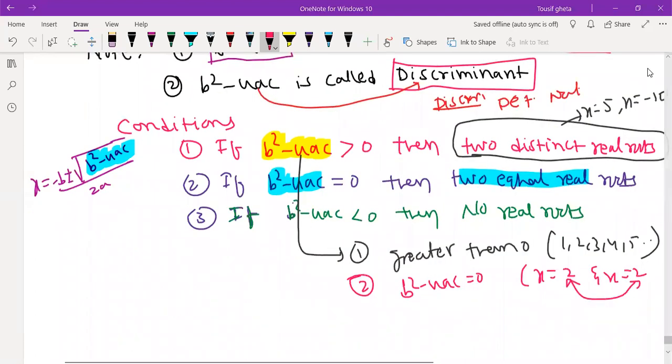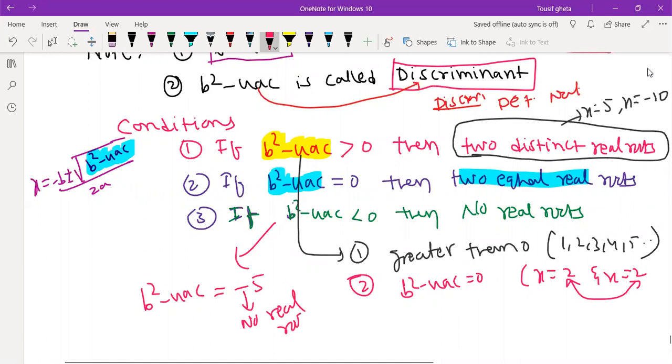Third one, if b square minus 4ac is a negative value, lesser than 0, like you got minus 5, then it is called no real roots. When inside the root you get minus, we call it no real roots.